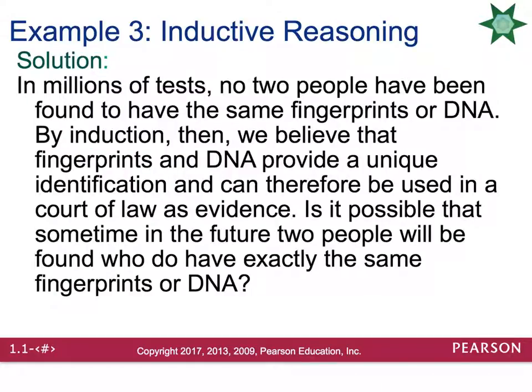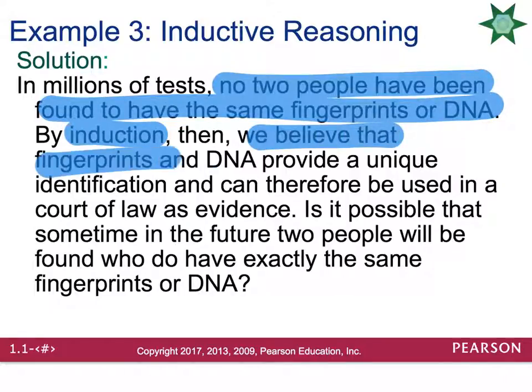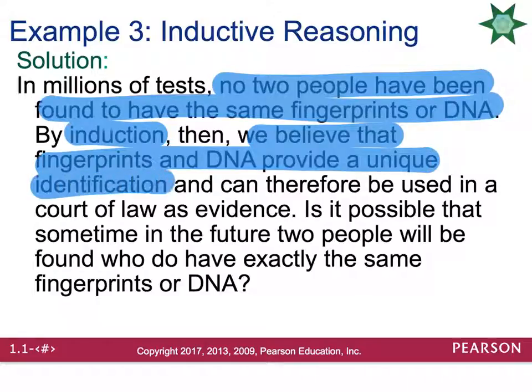So through millions of tests, we found that no two people have the same fingerprints or DNA. Okay, so this is by inductive reasoning, or induction. So we believe that fingerprints and DNA provide a unique identification, and therefore we can use that in a court of law as evidence.